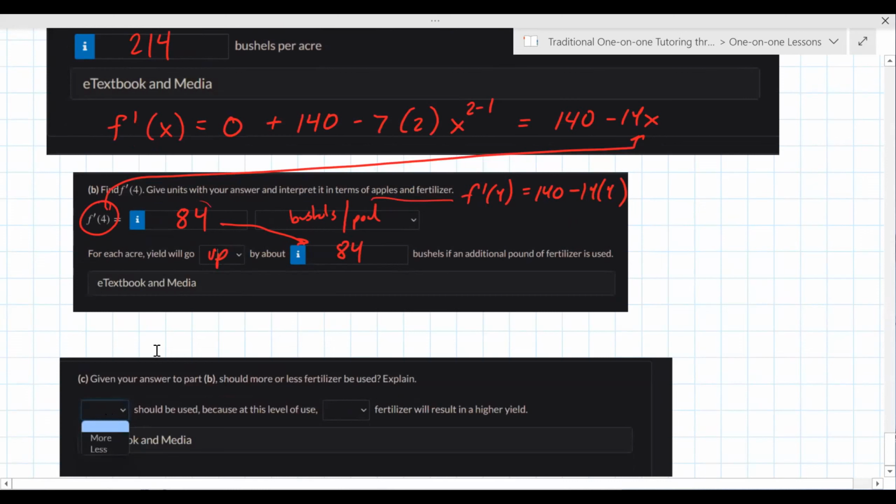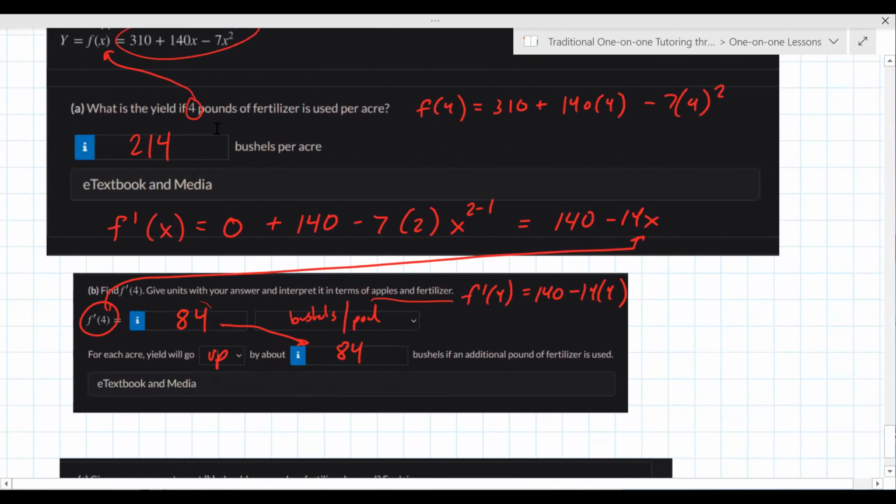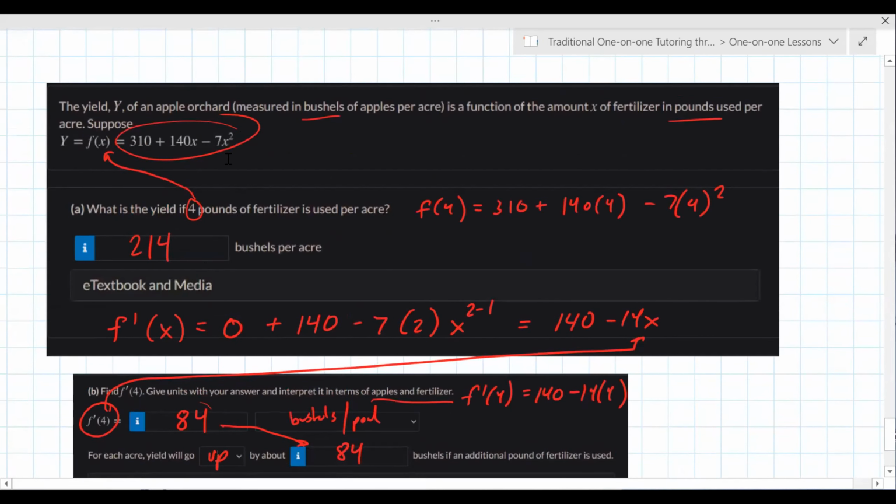Blank should be used because of blank. This one's like a business calculus problem, I think. They're asking if you're at the max yet. Minus b over 2a, so that's minus 140 over 2 times minus 7. 14 is, no, 10.